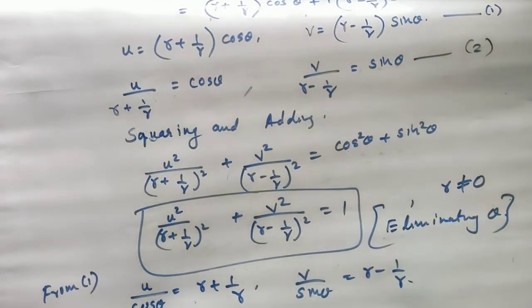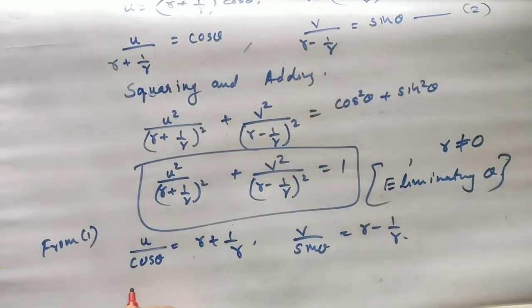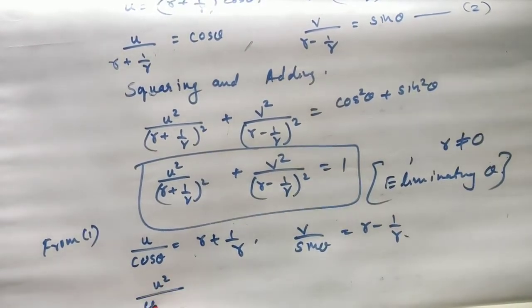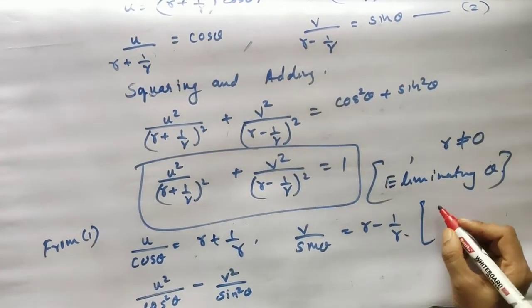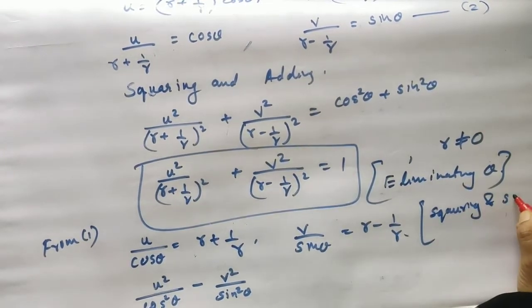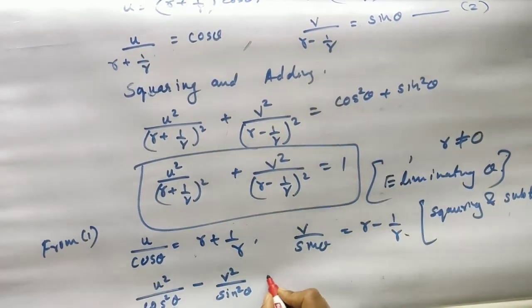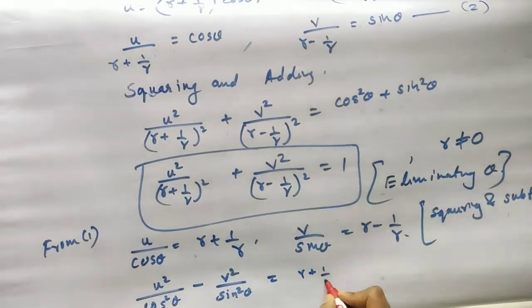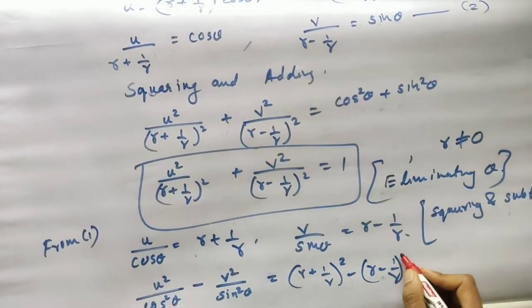Now squaring and adding, you better square and subtract. u square divided by cos square theta minus v square divided by sin square theta will be equal to r plus 1 by r whole square minus r minus 1 by r whole square.